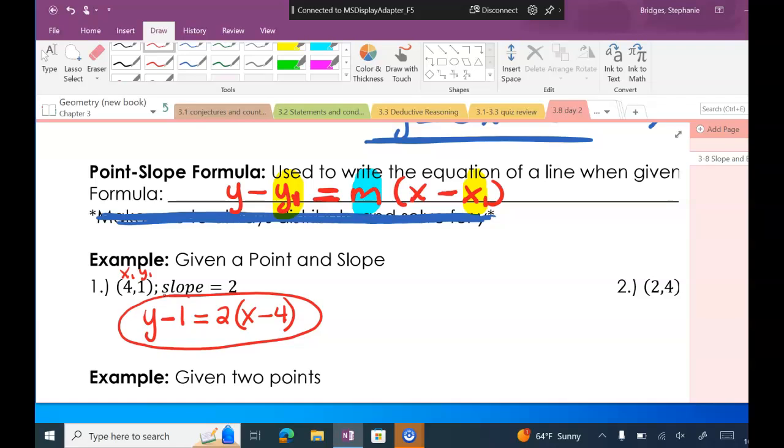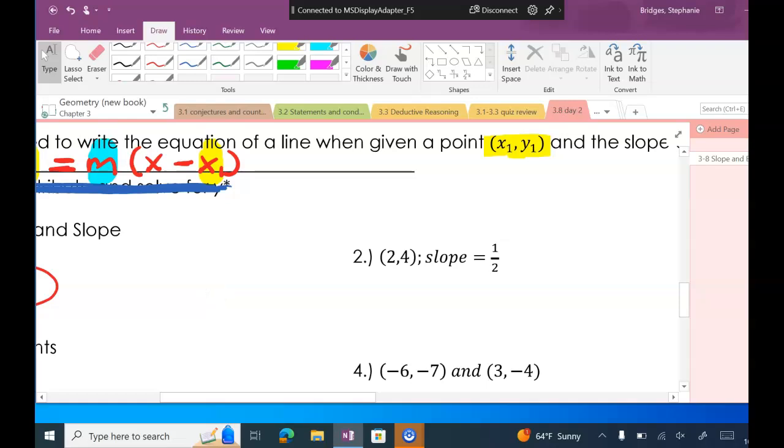Okay, so try that second one for me. Label your ordered pair as x1 and y1. Your slope is always m.